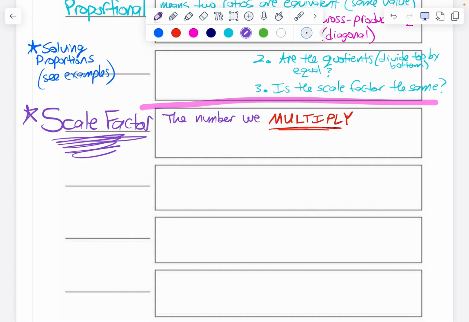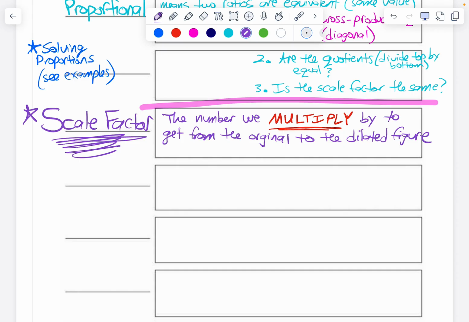The number we multiply by to get from the original to the dilated figure. Dilated means it's either bigger or smaller, by the way. In everyday life, when we say dilation, we're usually talking about bigger.